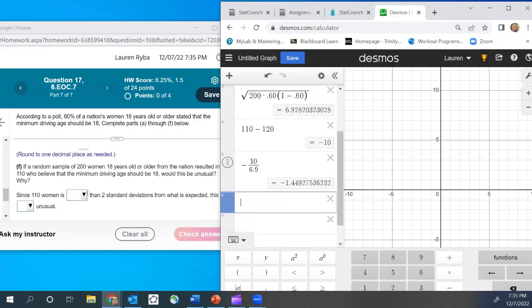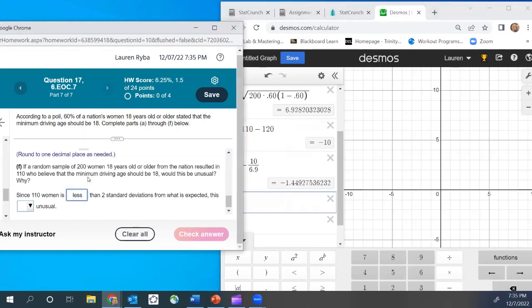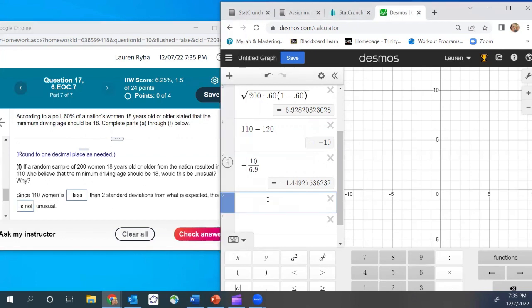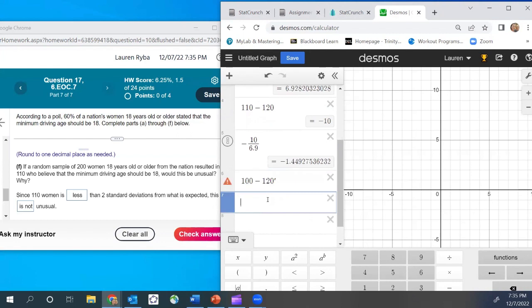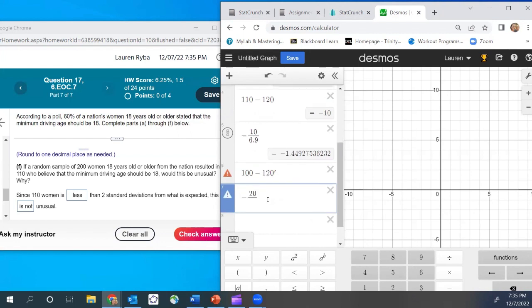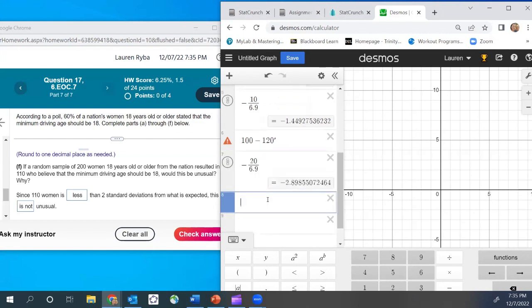Okay, this is less than 2 standard deviations away, so this is not unusual. If I asked for, let's say 100, let's try that one. 100 minus 120, that's negative 20. If I take negative 20 divided by 6.9, that is more than 2 standard deviations away. That's almost 3 standard deviations away, and then that would be considered unusual.